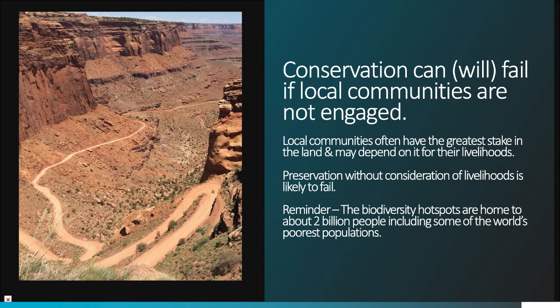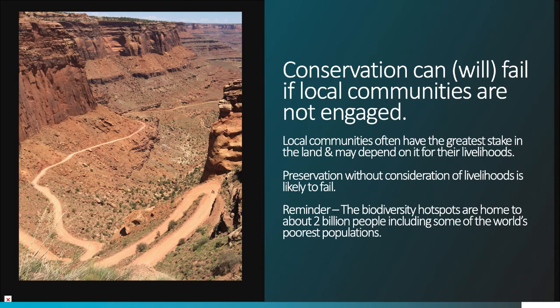One of the key observations that emerged from conservation efforts in the 1970s and 80s is that land preservation and biodiversity protection are likely to fail if local communities are not engaged, especially when those communities are economically or otherwise dependent on the resources that are present in those areas.